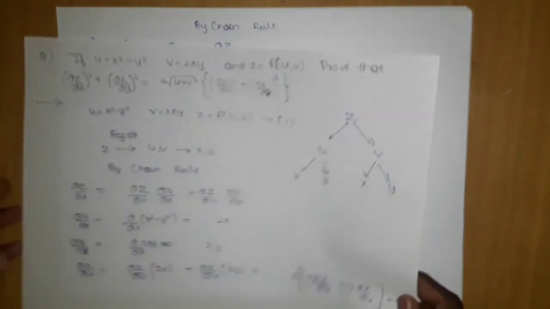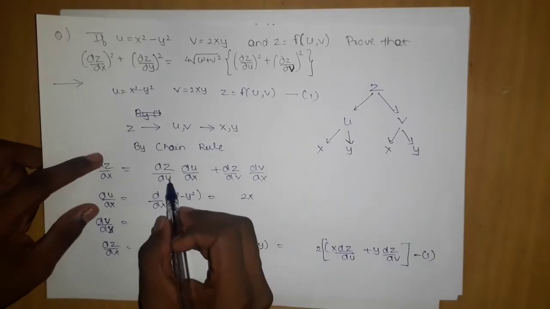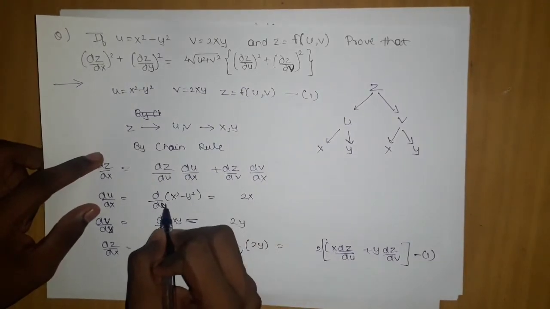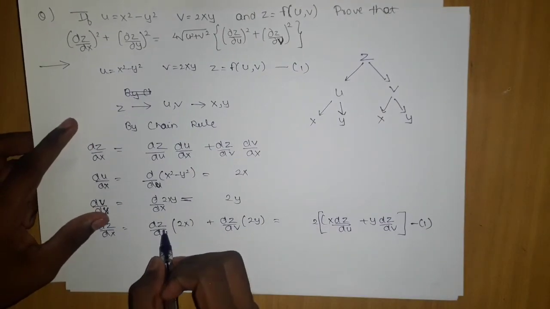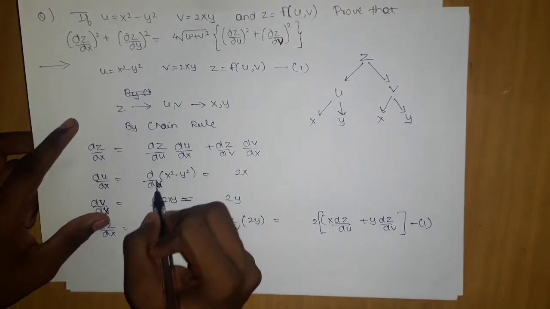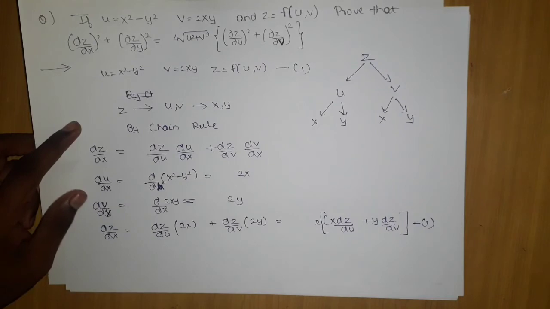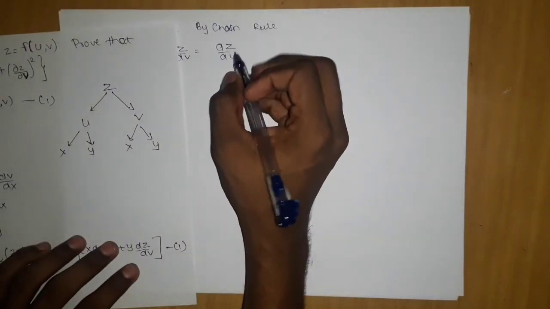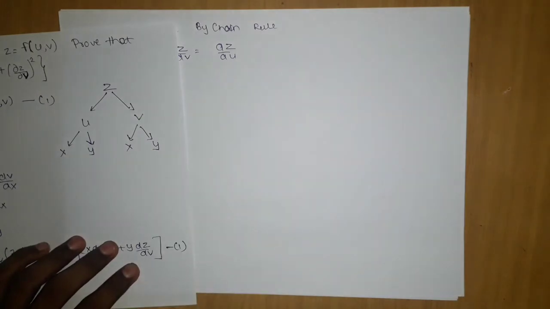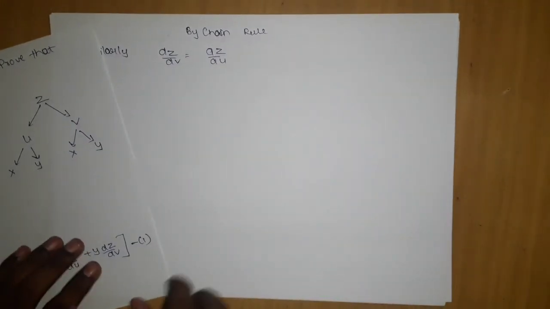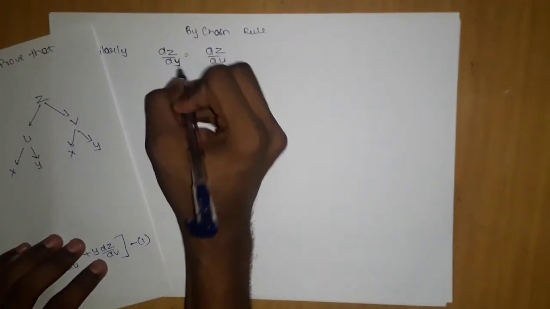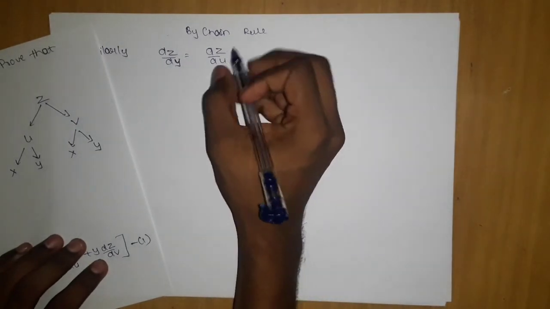Okay, I think we made a mistake, we wrote ∂u here. Okay, it is u. Sorry, this one is perfect. Did we make any mistake? No, everything is correct. So we want ∂z/∂y, with ∂z/∂u as it is.